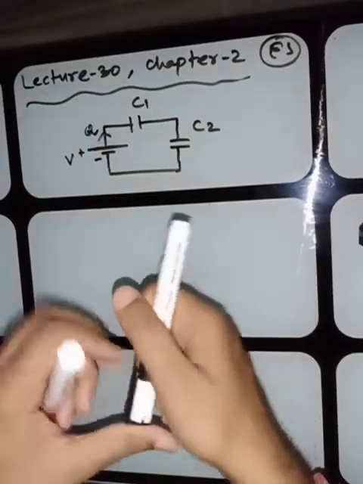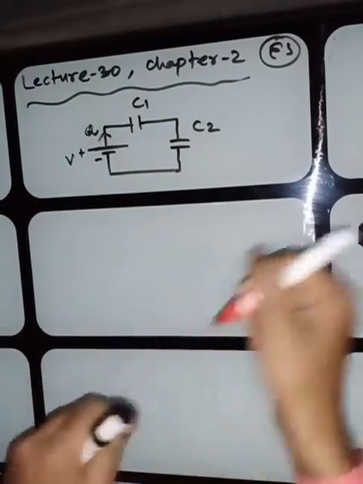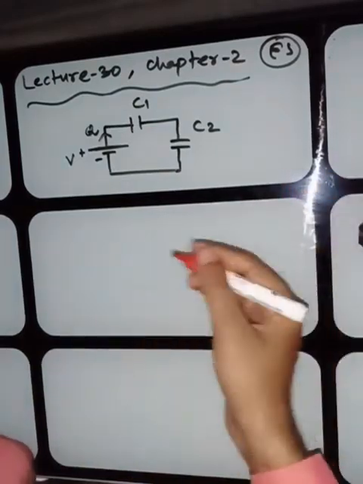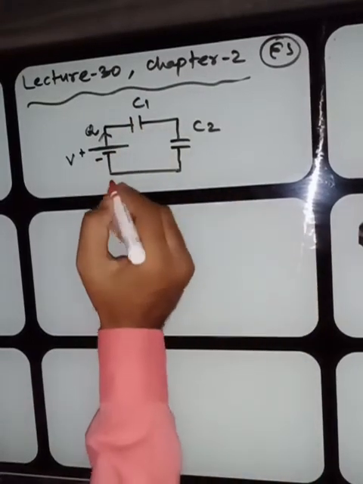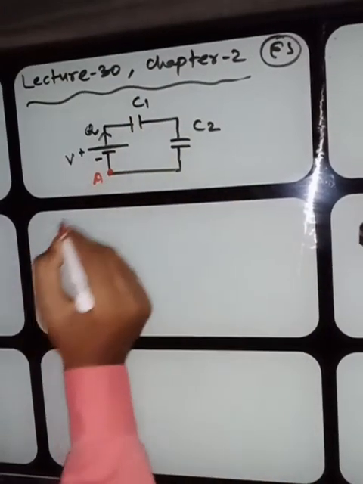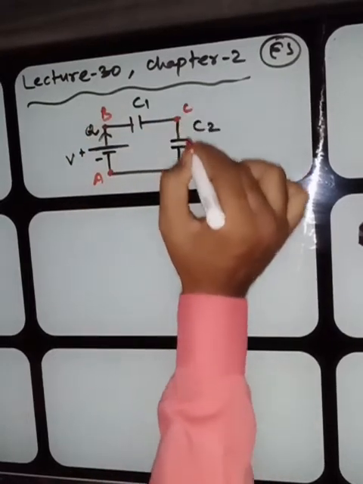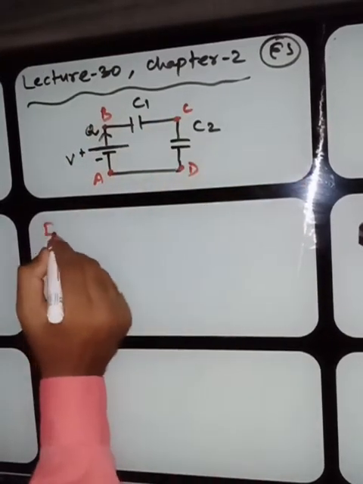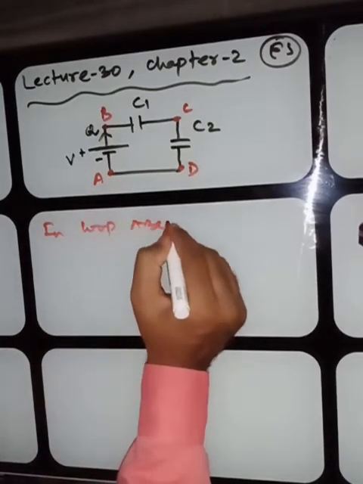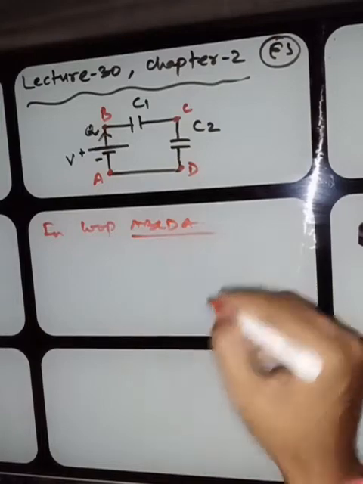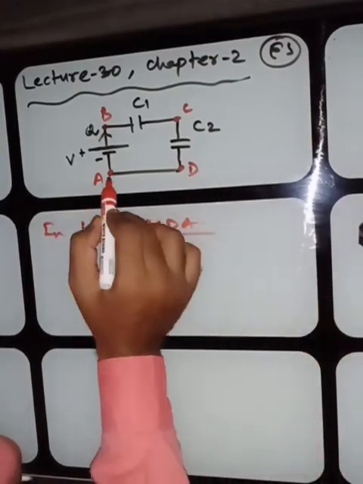Now it is time to write the equation. If you can write the equation, write it by yourself. Now look here. If you have written it, very good, excellent. From point A, you can write this closed circuit as A, B, C, D, A. In this way you have to write the equation, in loop A, B, C, D, A. You are moving from this point.